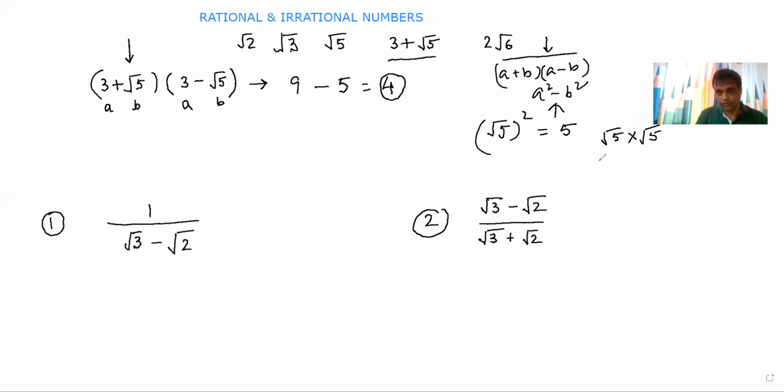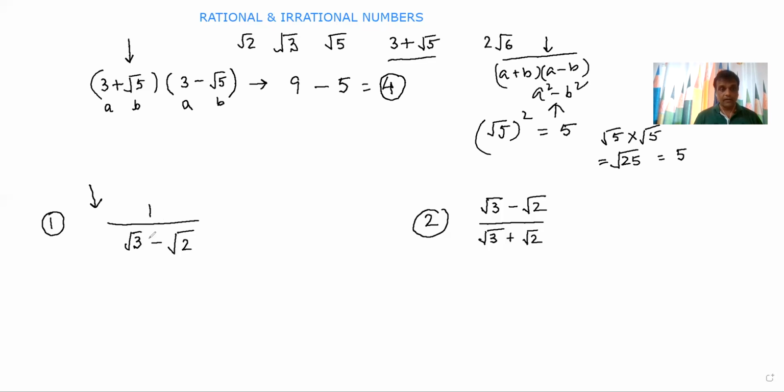Now, root 5 into root 5 can be written as root 25, right? And we know the square root of 25 is 5. And that is where we are saying that B square is 5, and 9 minus 5 is 4.